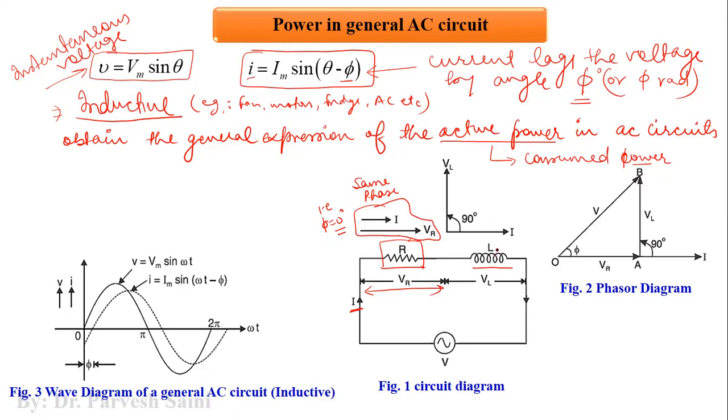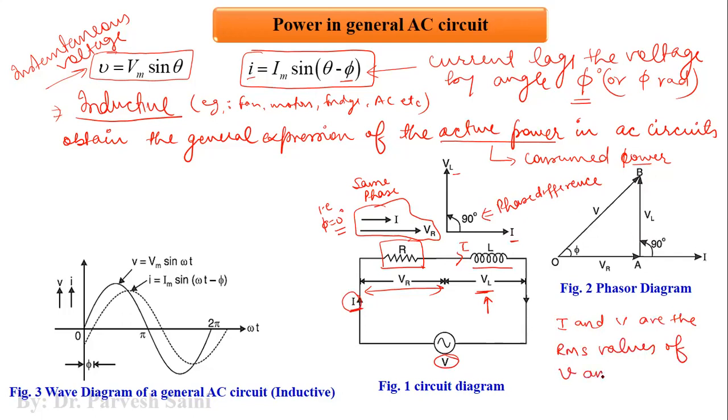As far as the inductor is concerned, the voltage across the inductor and the current through it will have a phase difference of 90 degrees, wherein the current lags the voltage by 90 degrees. Now, this I and this V are the RMS values of V and I respectively.